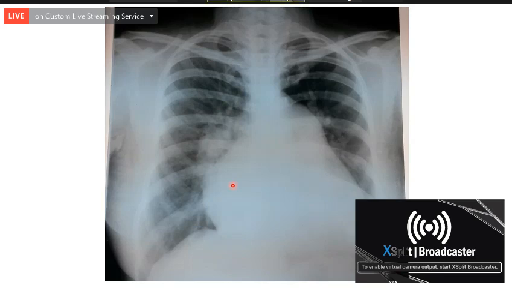Normally it's 0.85 in the upper zone, 1 in the mid zone, and more than 1.15 in the lower zone. No, the ratio can be altered in pulmonary hypertension without plethora.